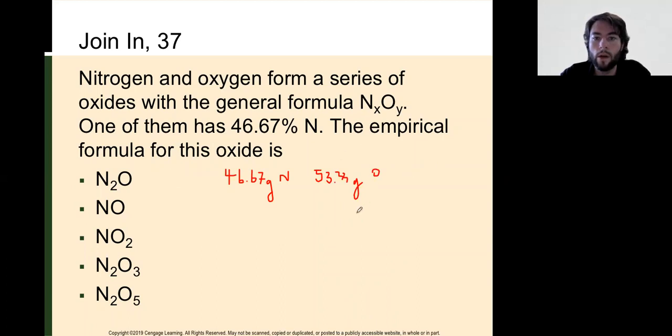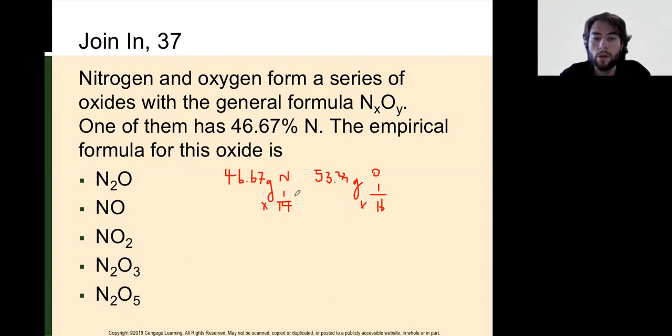Okay, so we then find out the number of moles here. So we multiply both sides by 1 over the atomic mass of nitrogen and oxygen. So nitrogen is about 14 and oxygen is about 16. So multiply that by 1 over 16 and multiply this by 1 over 14.